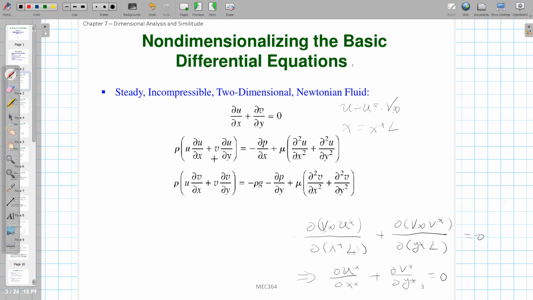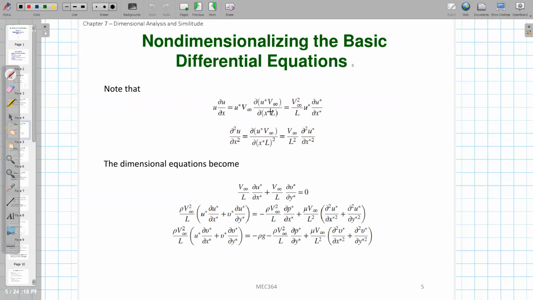You can do a similar thing for the momentum equation. Replace u with u star, x with x star, p with p star, and y with y star, and similarly for the other terms. For example, for the convective term in the momentum equation, you replace u with u star times v infinity and x with x star times L, so you get this one.